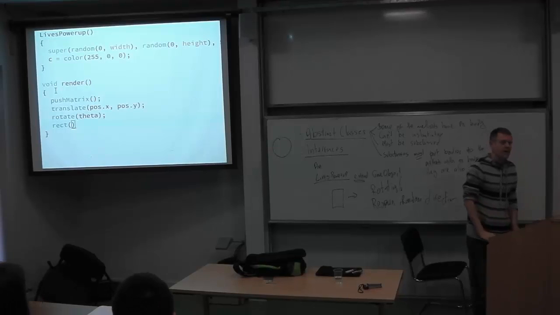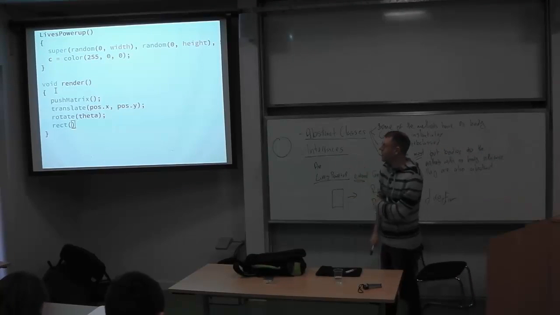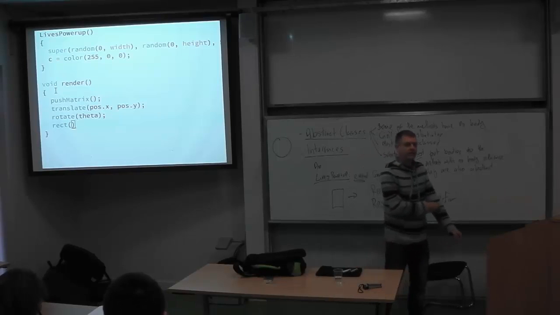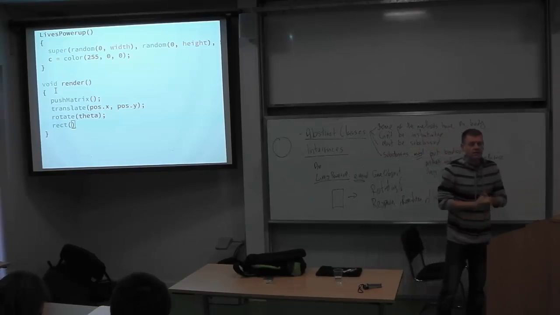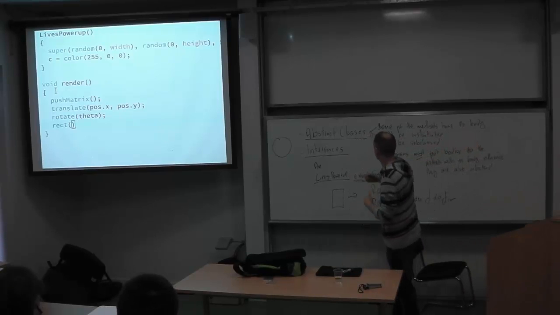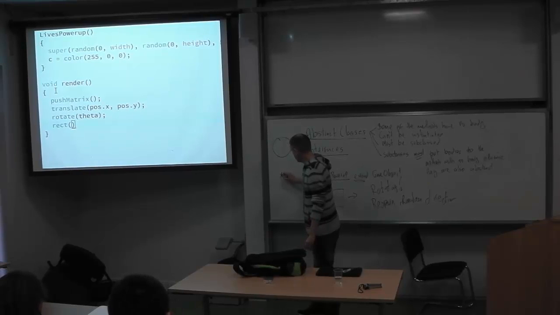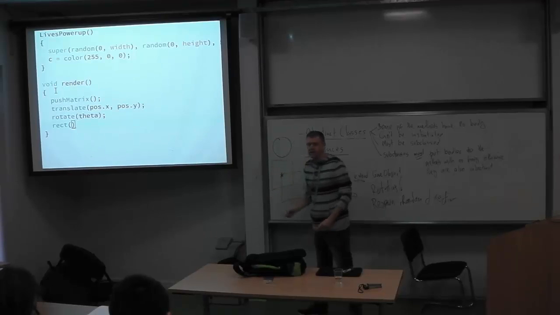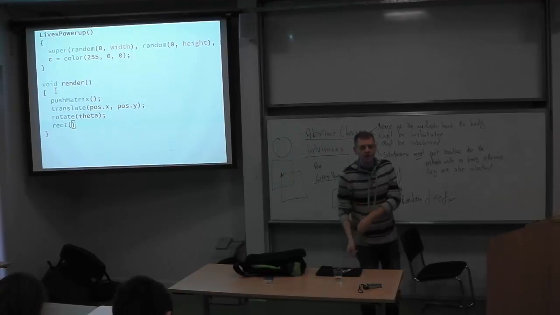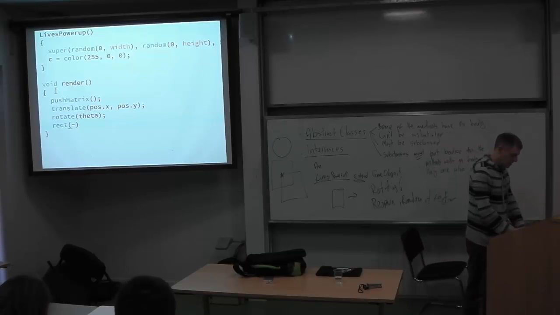Alright, we're drawing our rectangle centered around 0, 0, right? So remember, the first two parameters for rect are actually the top left-hand corner of the rectangle. So instead of passing 0, 0 in here, because 0, 0 will mean that this is going to be the center of the rectangle, and I draw my rectangle like this. Much better would be to draw the rectangle so it's centered around the position. So we'll use minus half w.